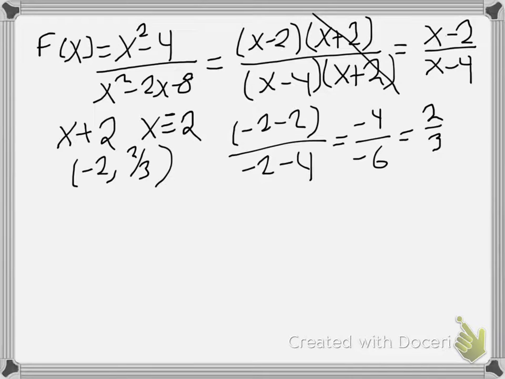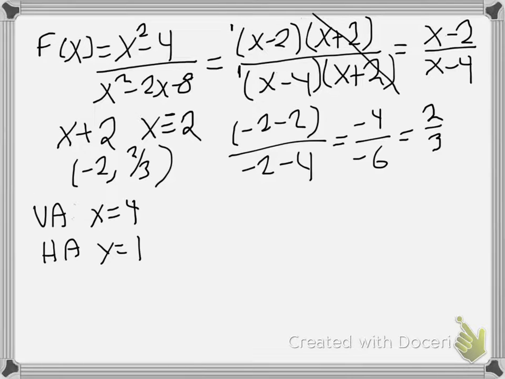Okay, so the rest of it is still the same. We have a vertical asymptote at x equals 4. We're going to have a horizontal asymptote at y equals 1. We have degree 1 here. We have degree 1. We back up to the original.